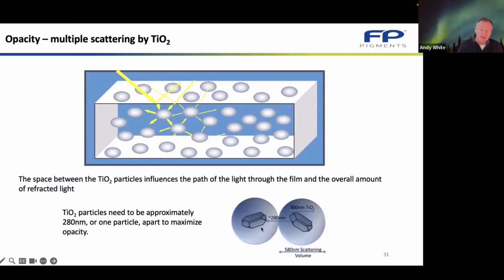And science over the years has been able to show that the optimum distance for titanium dioxide light scatter is around about 1 particle size apart, or 300 nanometers. So if you can imagine, it's like a chain reaction. You want to have your photon of light hit a titanium dioxide, get bent, then hit another one before it passes further through the paint.